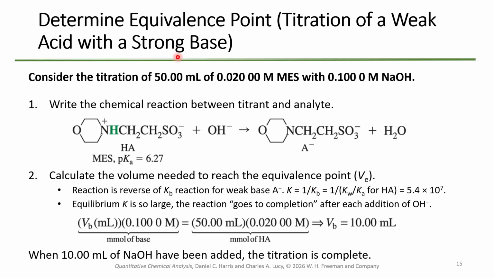Now, if we go ahead and consider this titration with 50 milliliters of MES, that's 0.02 molarity, with 0.1 molarity of NaOH, then again, the first step is going to be where you have that weak acid. And so this right here is your weak acid. Do I have to write these entire things out, by the way, to do my equilibriums?